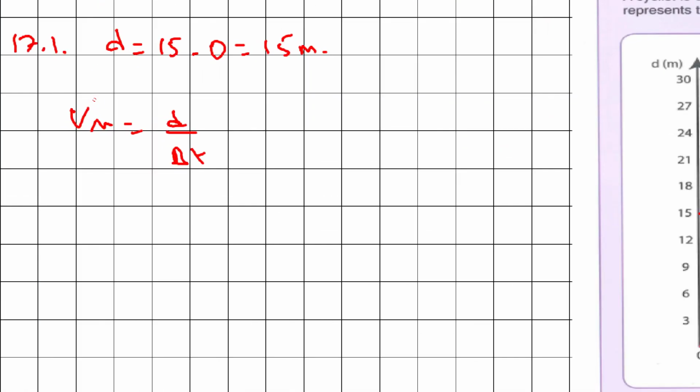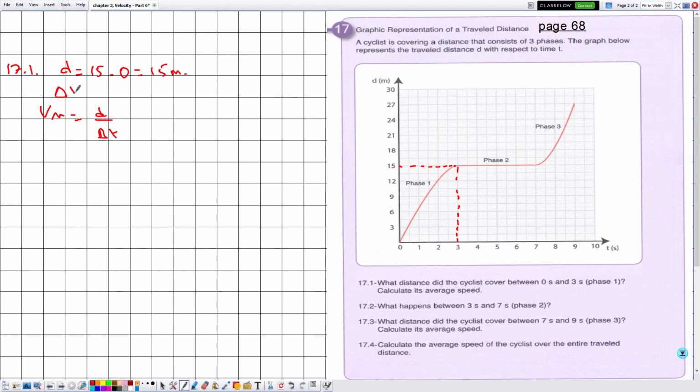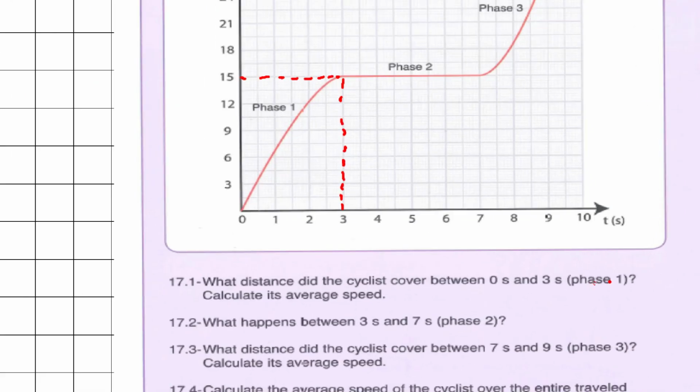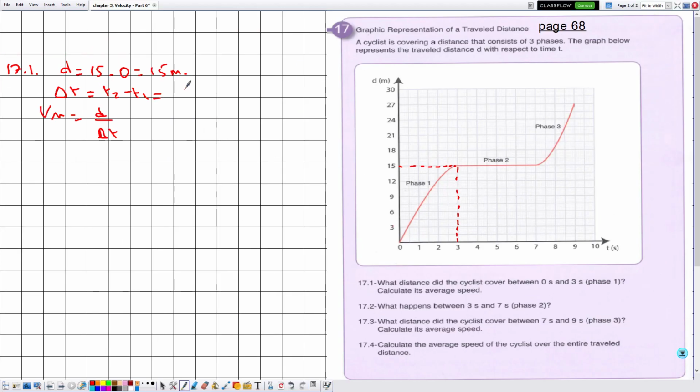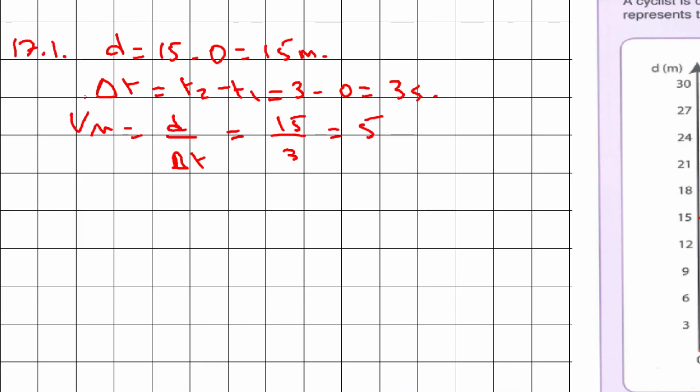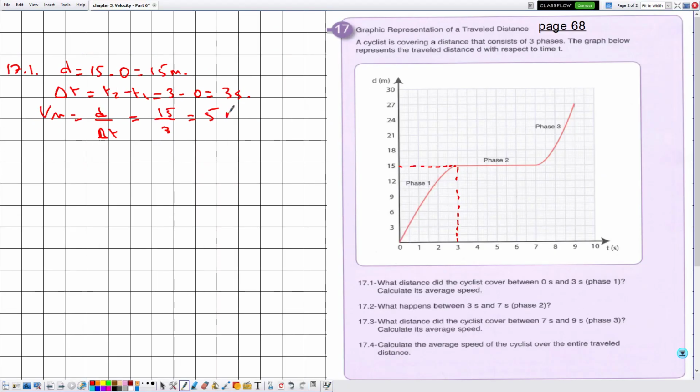In order to determine the value of Vm, we need to determine the value of d and delta t. Delta t corresponds to t2 minus t1, between 3 seconds and 0 seconds, which is equal to 3 seconds. So in this case, this is equal to 15 divided by 3, which is equal to 5. Since d and delta t are expressed in the SI, the value of Vm will be expressed in the SI, which is meters per second. So Vm is equal to 5 meters per second for the first phase.